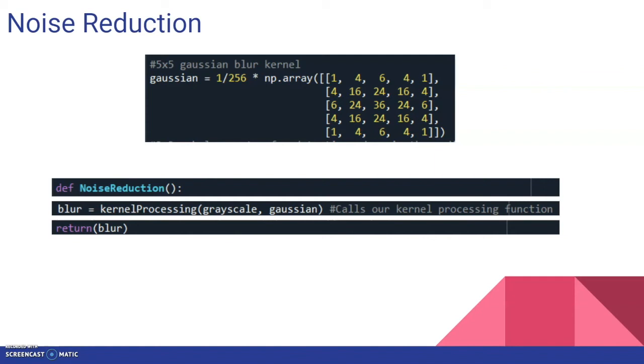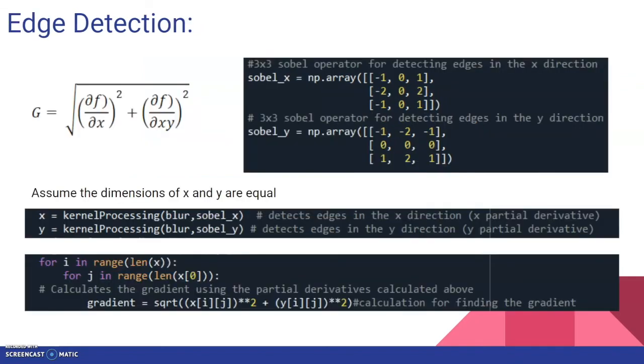And while this isn't the full function, we have a few more lines about calculating the time. The meat of it is just calling that kernel processing function. Similarly, for our edge detection, this is just passing the Sobel x and the Sobel y both into the processing function, and then calculating the gradient using the equation shown here, going through each pixel as we do so. And that outputs the edge.